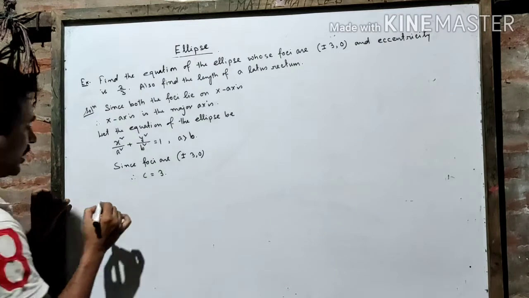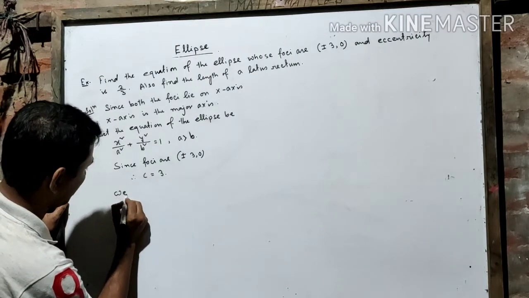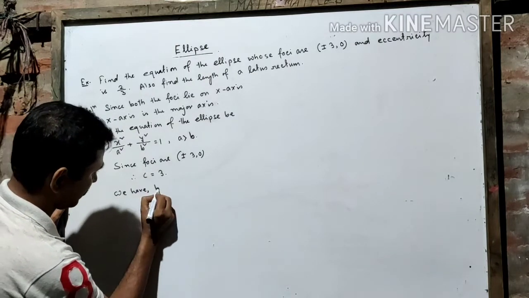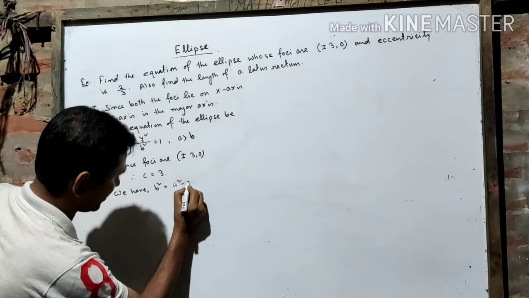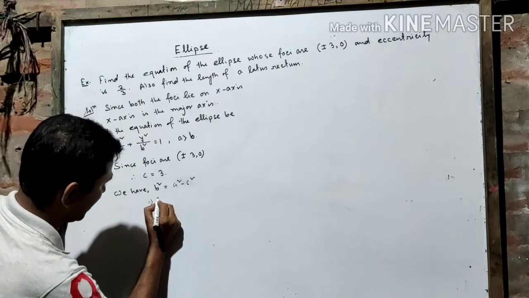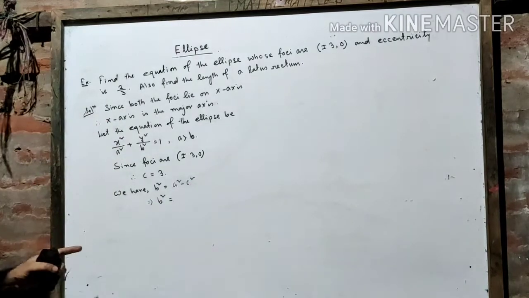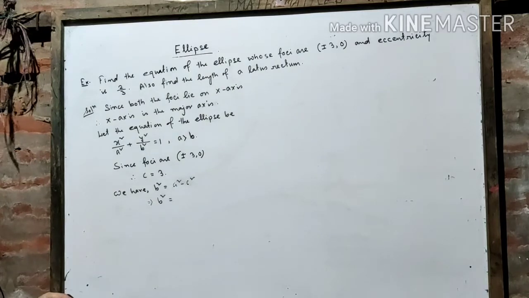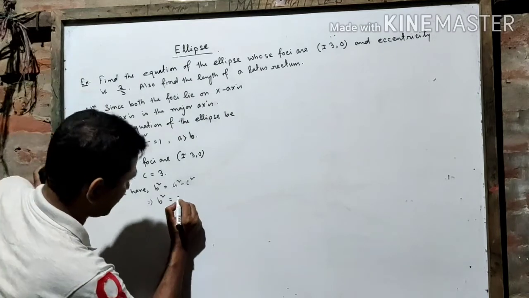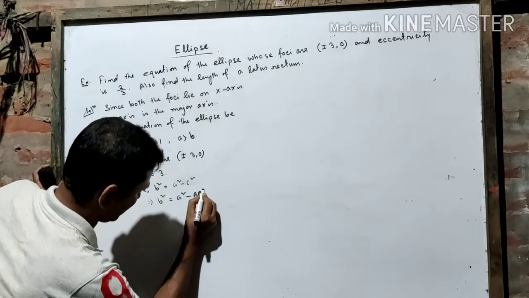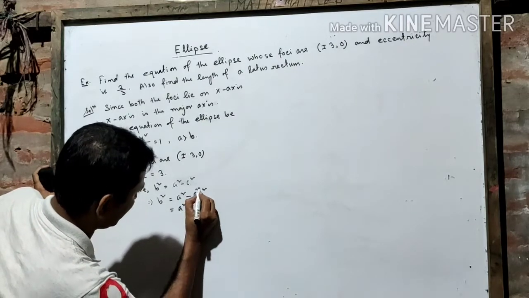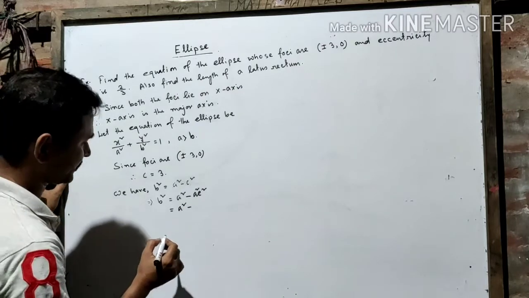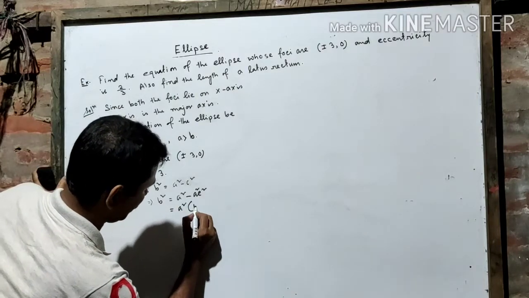We have b square is equal to a square minus c square. This implies b square is equal to... do we have a square? No, rather we have e. So a square minus a square e square is equal to a square into 1 minus e square.